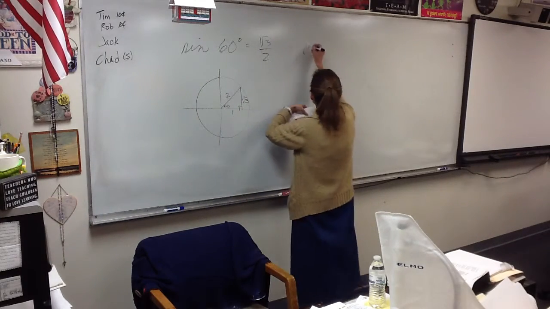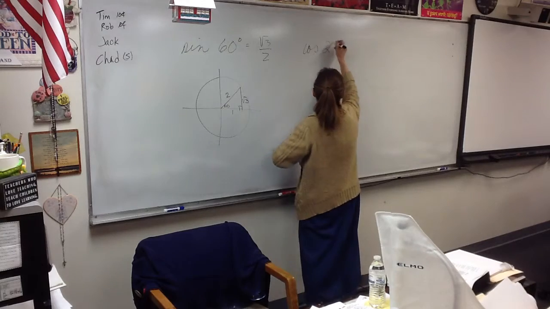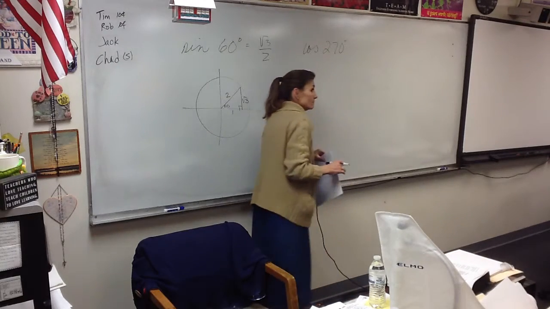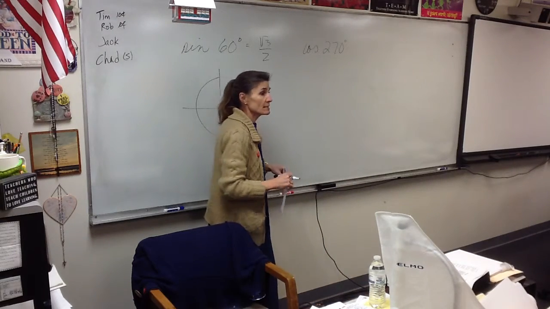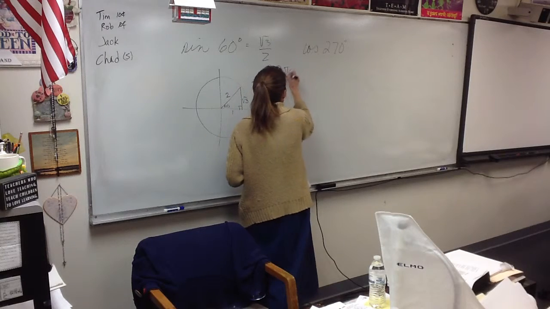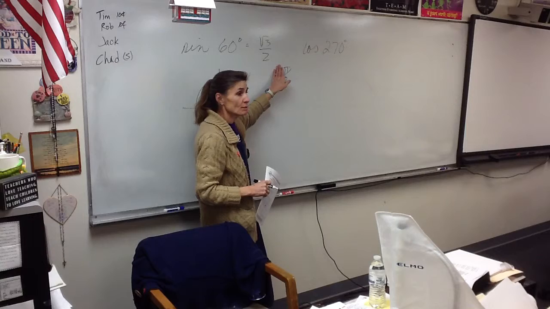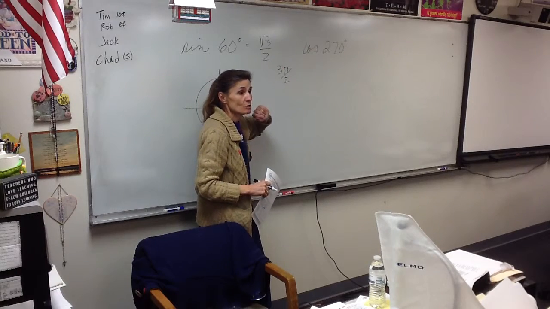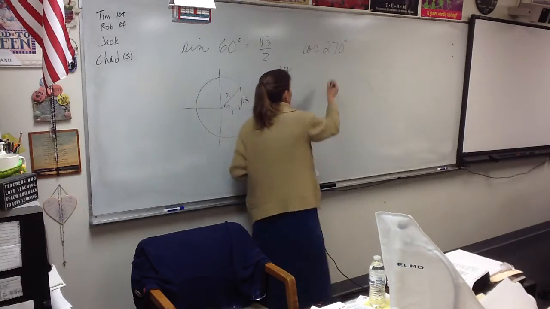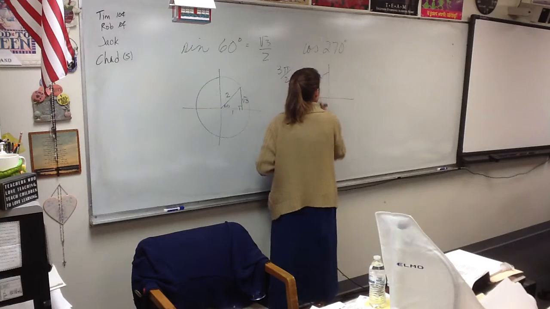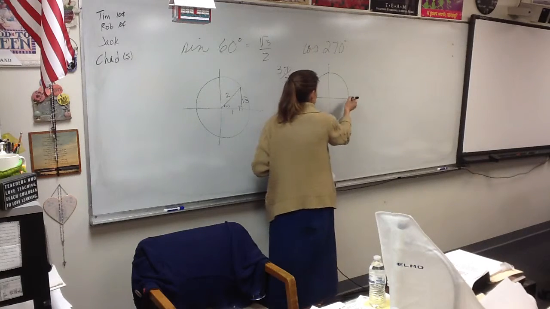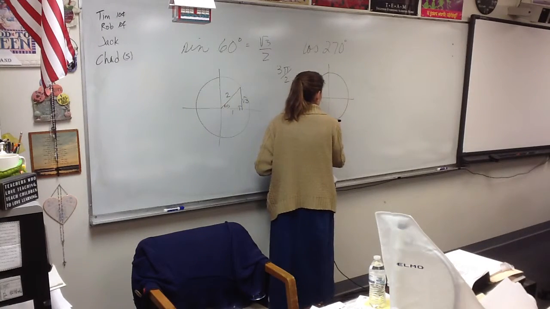Next, I'm doing the cosine of 270 degrees. How did I get 270? The angle was 3 pi over 2. Pi is 180, divided by 2 is 90, times 3 is 270. Now, something special about 270, kids. What's special about 270?